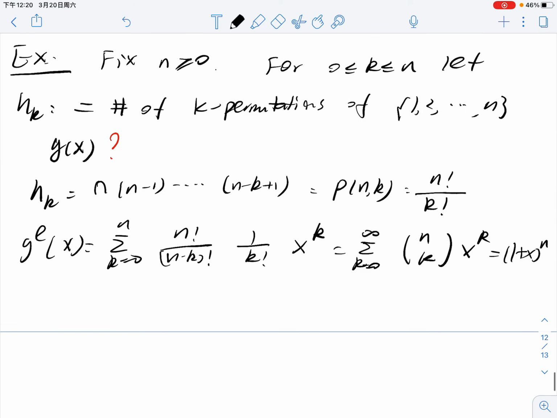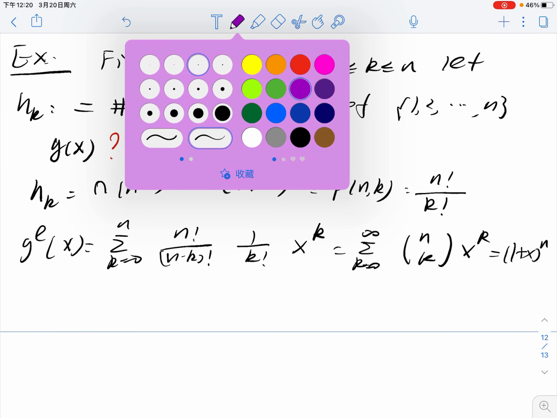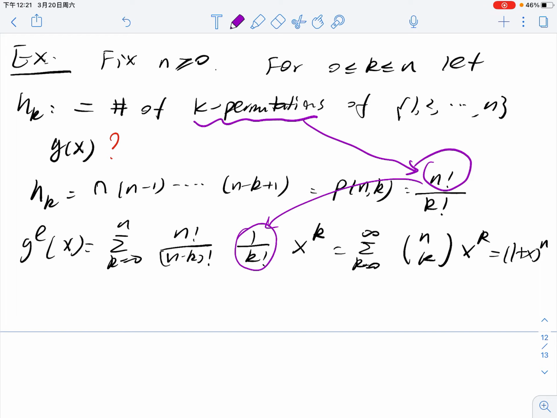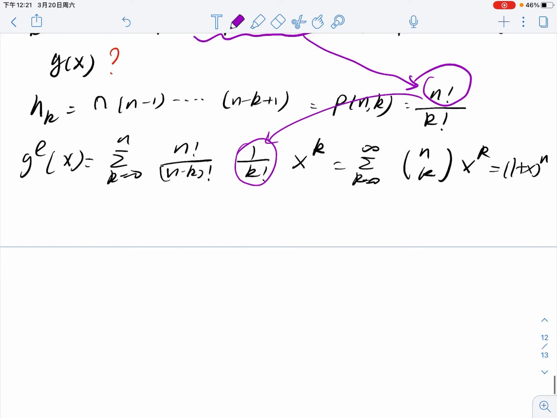And you see here, the exponential function is kind of designed for the permutations, because for the permutation, you always have k factorial here, so that will give you some good combinatorial numbers.